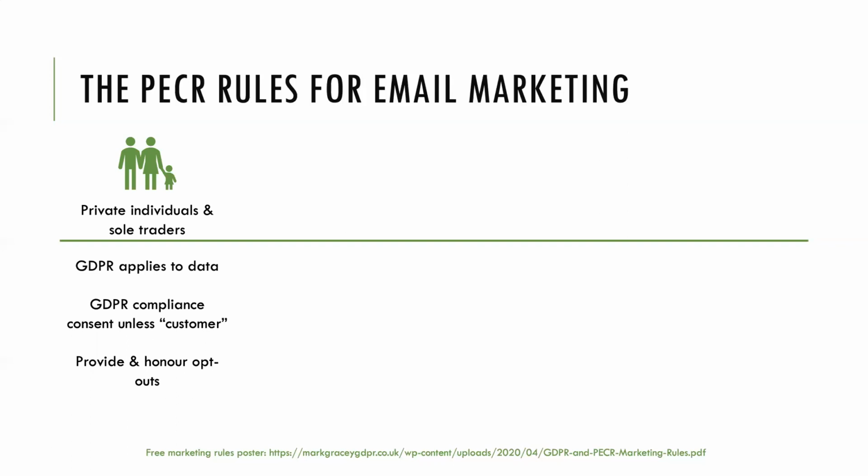And that means, and we'll talk about GDPR in a bit, that you need to follow the rules about what consent should look like before you can actually do the marketing. GDPR applies to that marketing data, and you must always, in fact this will be a theme across all four columns, you always have to provide and honour opt-outs. So if somebody says they don't want you to carry on marketing to them, that's it. You can't carry on marketing to them unless they opt back in, and that's regardless of what kind of person they might be.